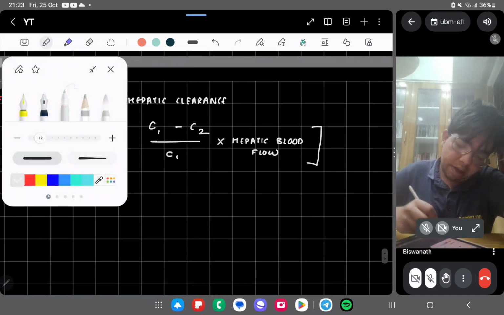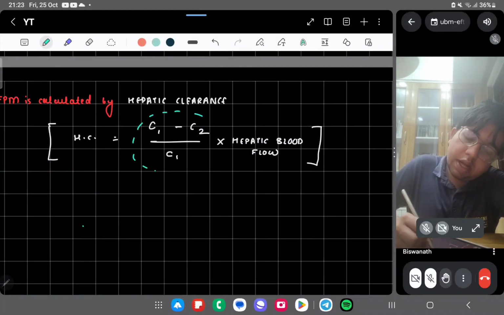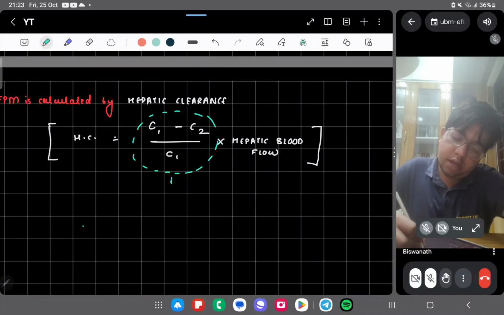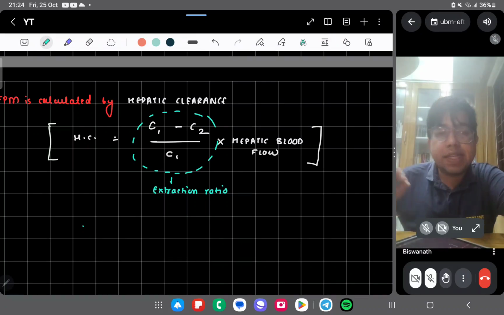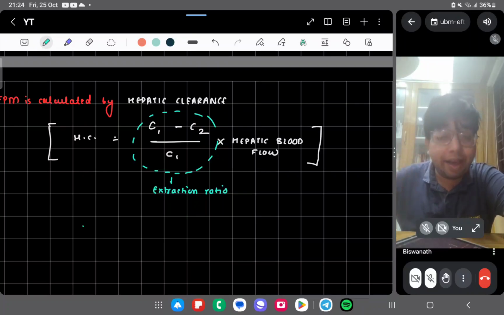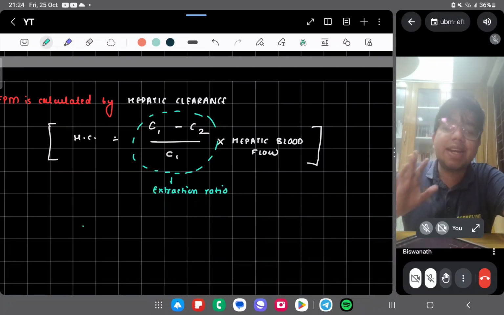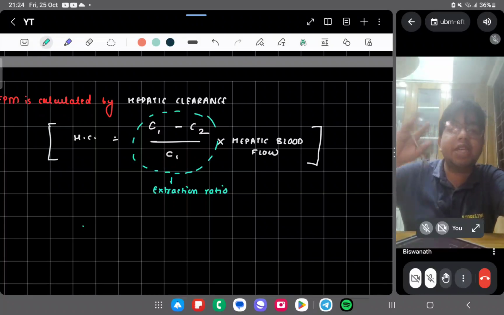And this parameter is something known as the extraction ratio. This is called the extraction ratio. Okay. If a drug has very high first pass metabolism, it is not given orally, or it is given in high oral dose. Some drugs are not given orally because they have very high first pass metabolism.